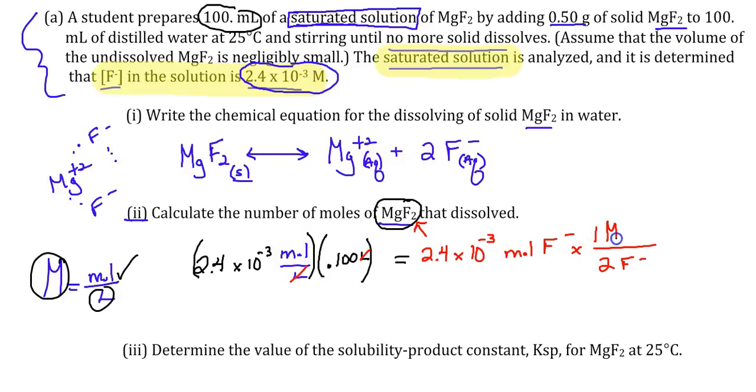Per one formula, MgF2. So I'm going to divide by 2. Again, a little bit of stoichiometry leaks into our problems. They want to make sure you're aware of those ratios. So essentially I'm dividing by 2, and the answer, real quickly, is 1.2 times 10 to the negative 4.